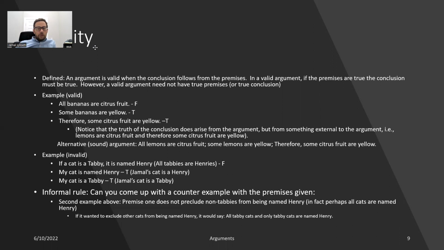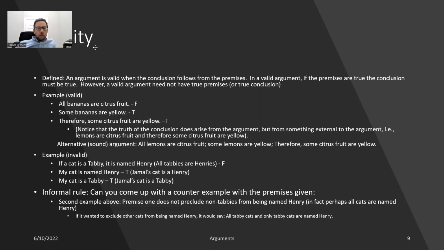So if we look at the statements here and see what's true and what's false, the first premise, all bananas are citrus fruit, we should know that that's false. We should also know that the second one is true, that at least some bananas are yellow.